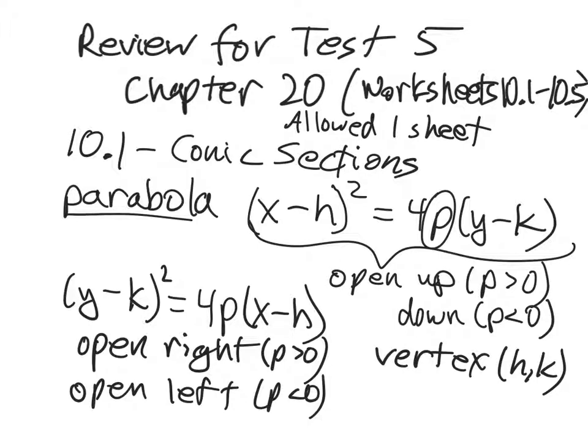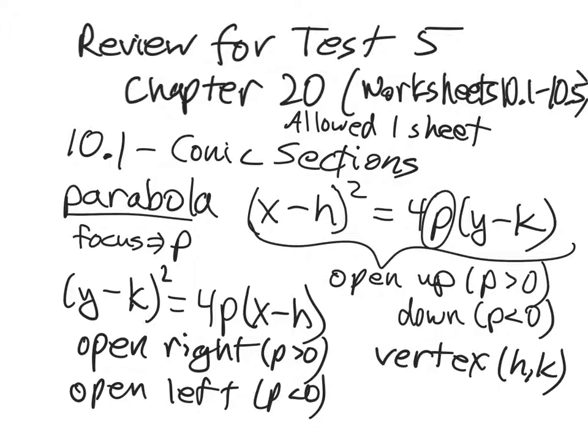But the directrix, which one is it? The directrix is with the parabola. It's the p value, right? From the vertex to get to the focus, you go from the vertex a directed distance of p.